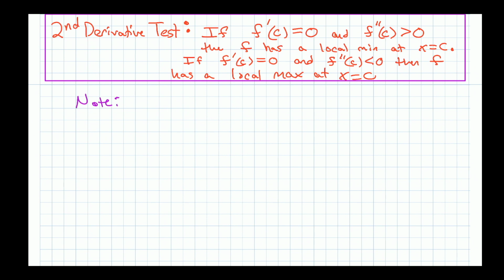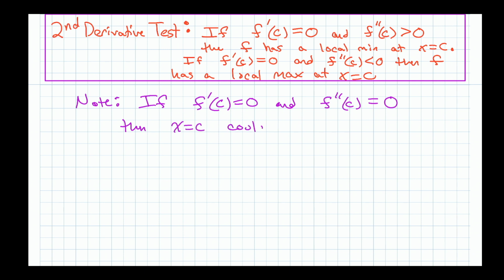Note, if f prime of c equals 0, so you have a critical point, and f double prime of c is 0 as well, then you don't know. Then x equals c could be a maximum, a minimum, or nothing.